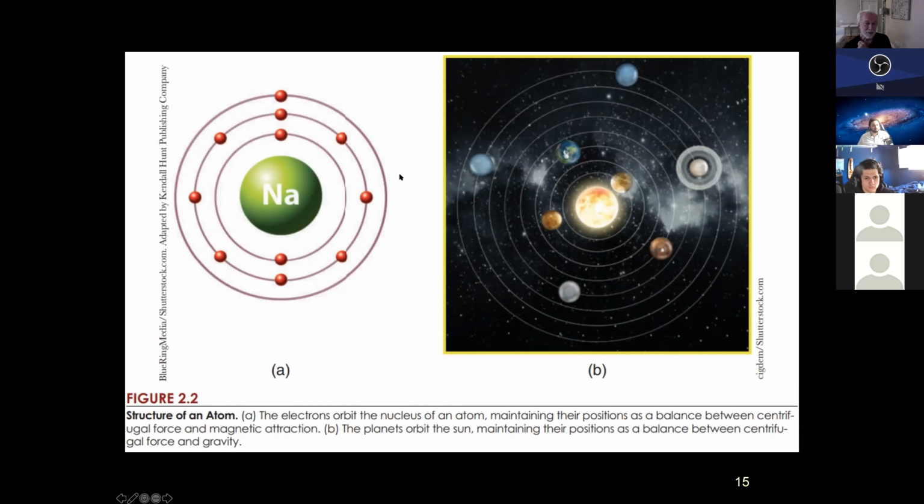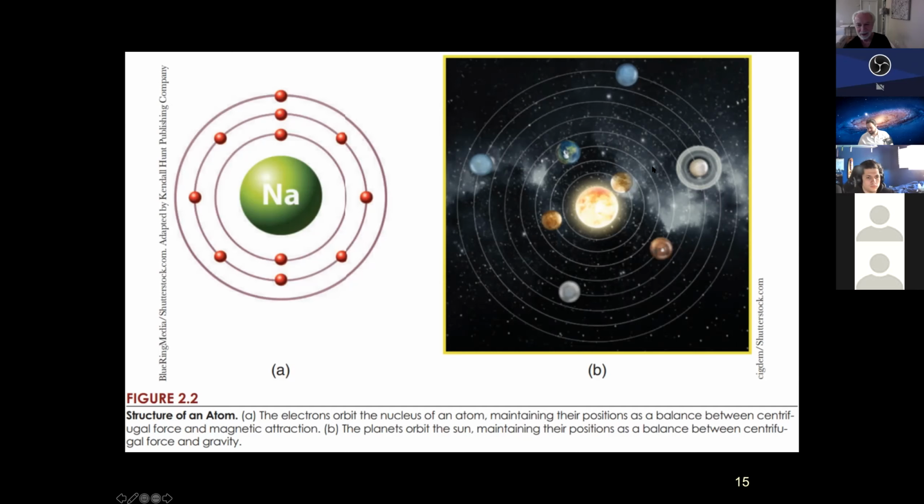And so the speed at which they're rotating makes a centrifugal force. And so that force is moving them out away from the nucleus. However, in the case of an atom, the electromagnetic attraction between electrons and protons draws them in. And so the balance between those two forces keeps them in particular orbits called shells.